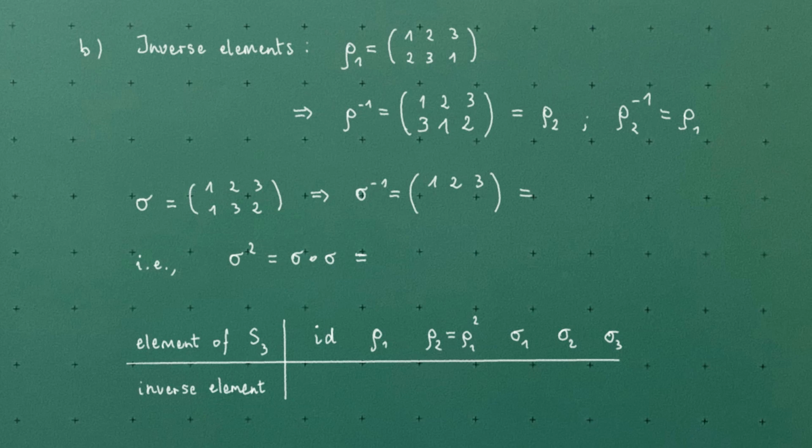So now for the reflections, a sigma or a sigma 1, which is the reflection about the symmetry line that goes through vertex number 1.